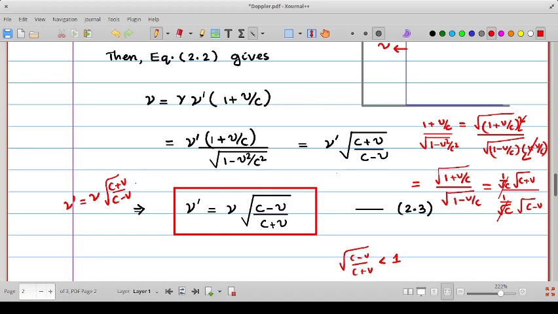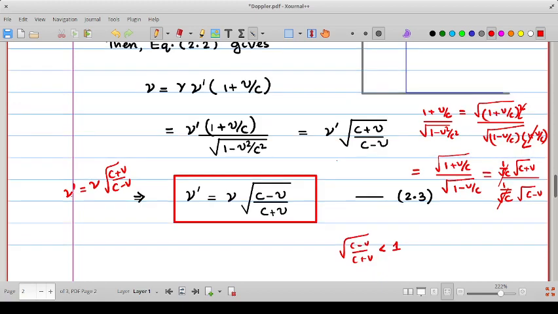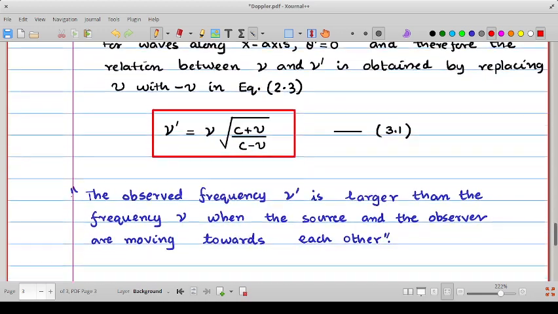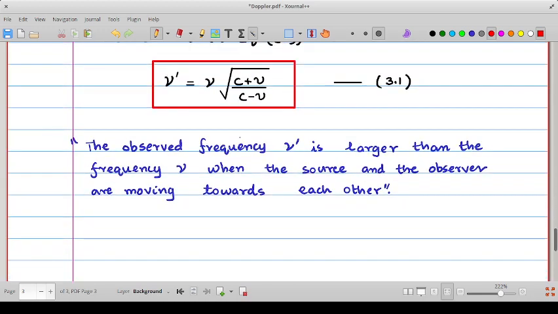So in that case, since c plus v is greater than c minus v, the observed frequency nu dash will be greater than the emitted frequency nu. So the observed frequency nu dash is larger than the emitted frequency nu when the observer is moving towards the source, or in other words, the source and observer are moving towards each other.